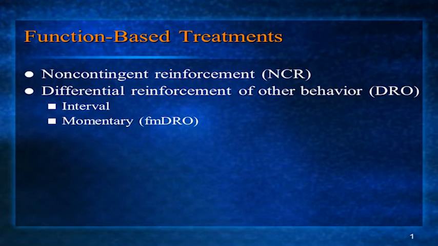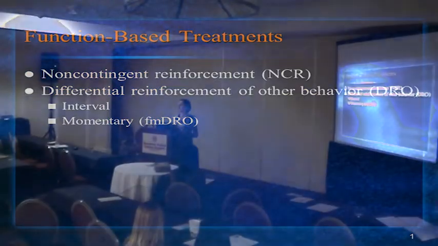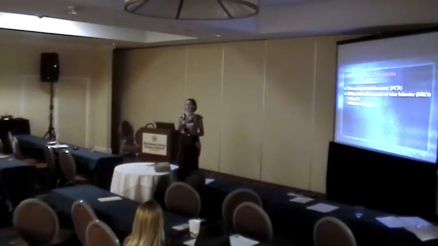In both procedures, the reinforcer that maintains problem behavior is typically the one that is delivered. So NCR involves the delivery of a reinforcer on a time-based, response-independent schedule, whereas DRO entails the delivery of the reinforcer for the absence of the target problem behavior for a specified period of time.